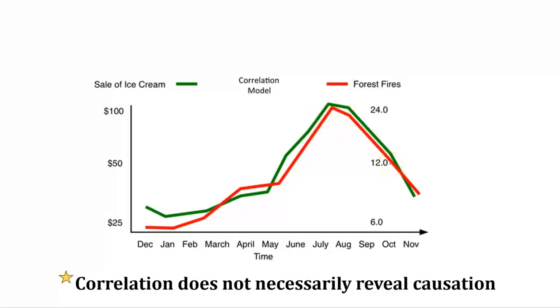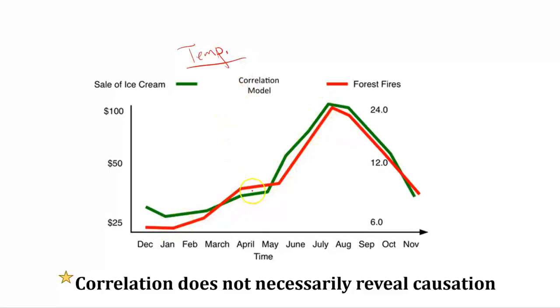And in a situation like this where you have variables that are correlated with one another, the reason why this can happen is that there's usually a third variable that both of the dependent variables are tethered to. So in this example, the third variable would be temperature, likely. The sale of ice cream increases as the temperature gets warmer.